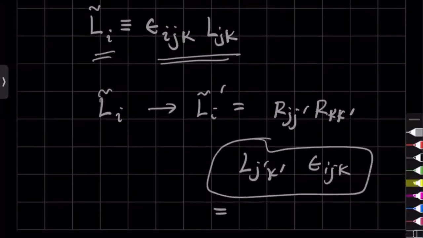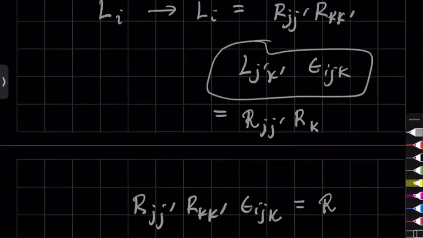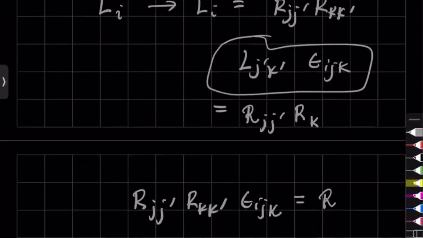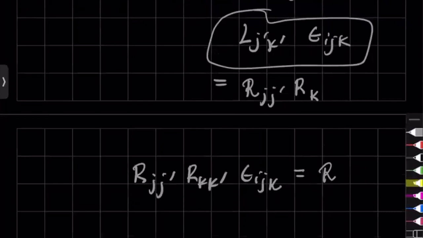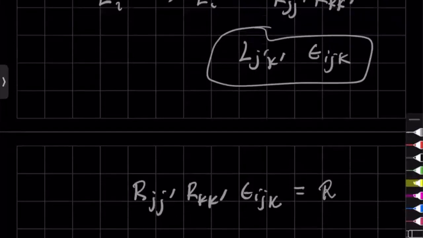So we have here R, J, J prime, R, sorry, let me get this right. Okay, so the identity that we need is the following.